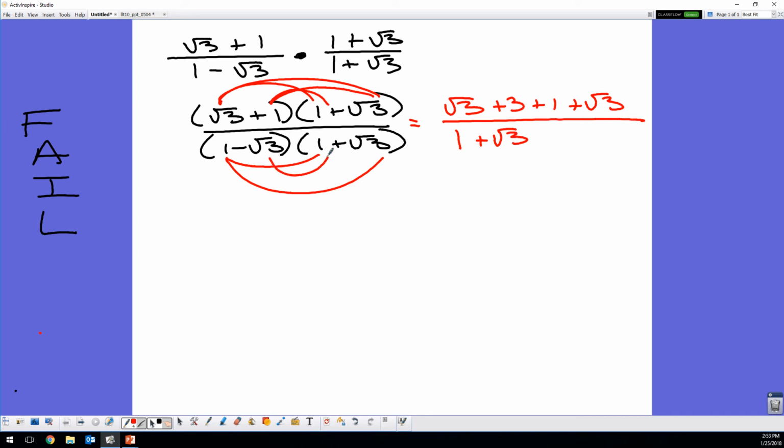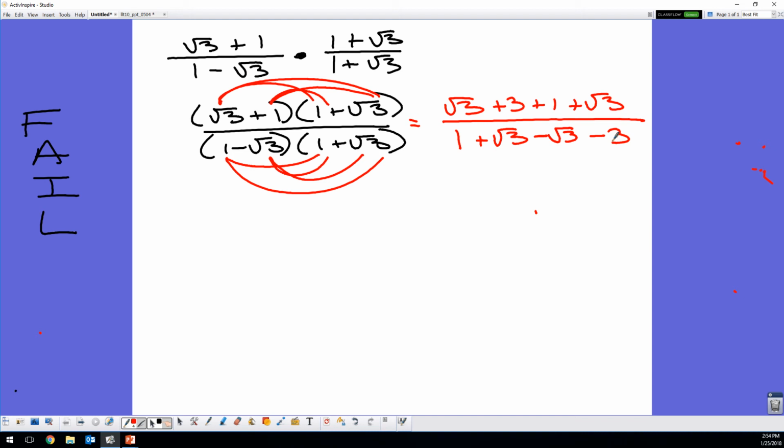Inner, negative rad 3. And then my last, minus 3, because the square root of 9 is just 3, and a negative times a positive gives me a negative.